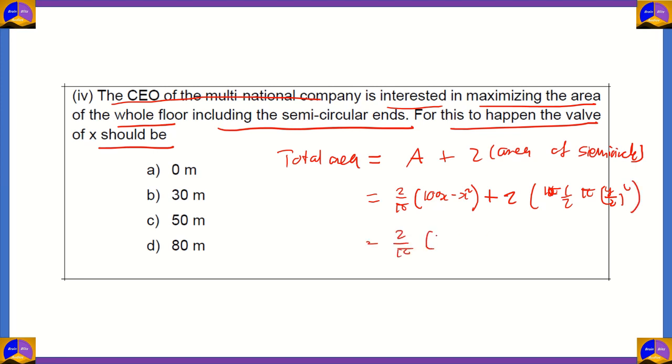So it'll be 2 by pi into 100x minus x squared plus, 2 times half being just 1, pi y squared divided by 4. Now what we're going to do is put y equal to 1 by pi into 200 minus 2x on the right-hand side.